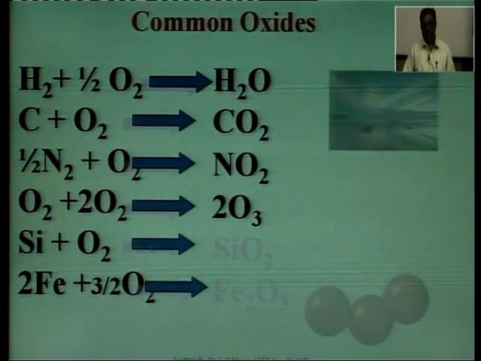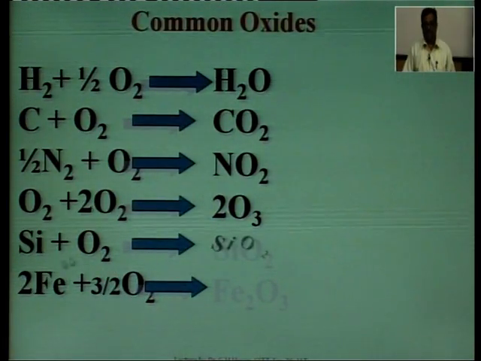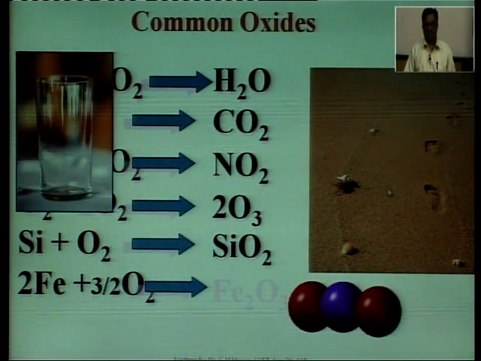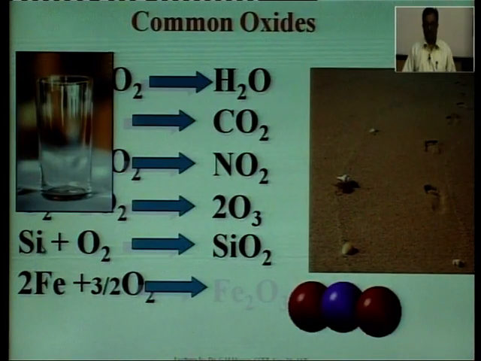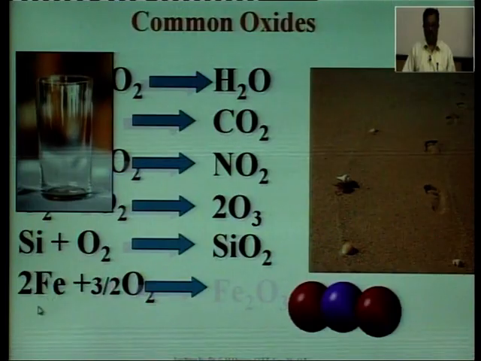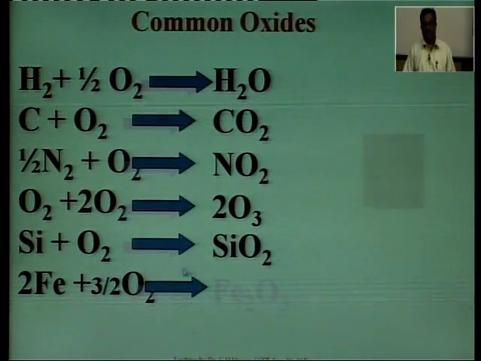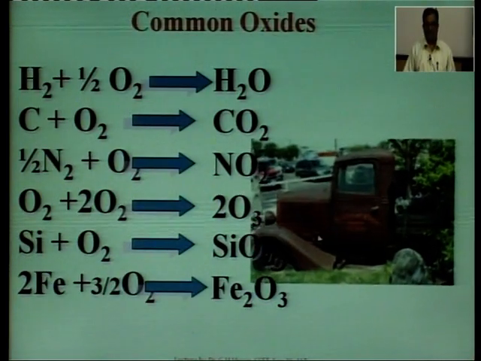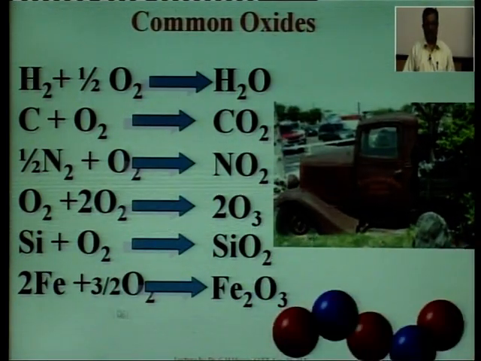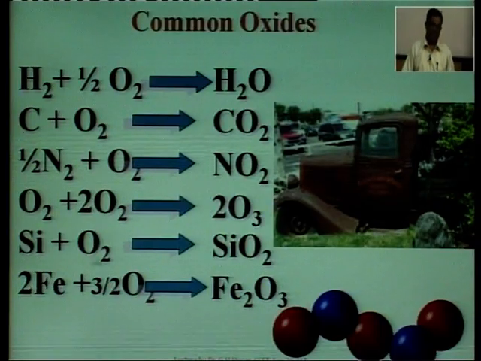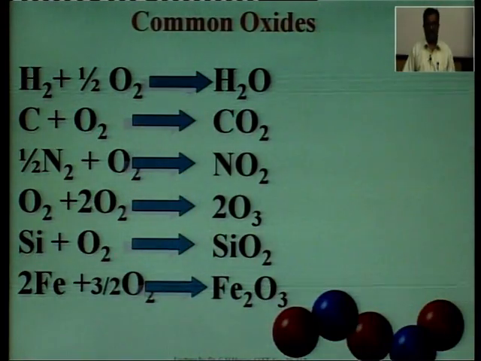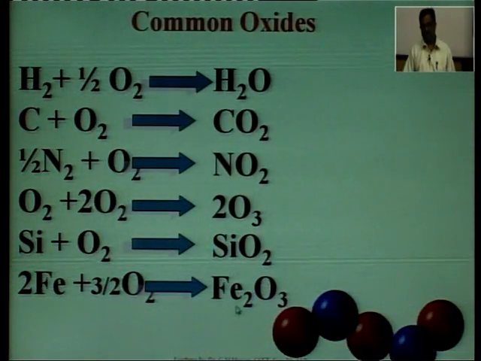Silicon dioxide formation, and there are a lot of compounds you can see, glass, sand, etc., in which silicon is combined with oxygen, that is silicon dioxide. And another example of oxidation, iron gets oxidized to iron oxide, that is rust. Formation of rust is a common example of oxidation. On the other hand, oxygen oxidizes iron to iron oxide, whereas itself gets reduced.